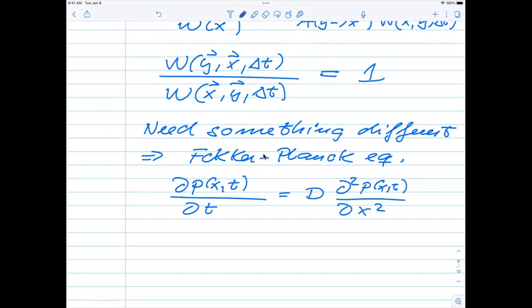But you can add a complication to the diffusion equation. This complication arises due to the particle, for instance, moving in an external field. That gives us a drift term. So the Fokker-Planck equation has the standard diffusion term plus a drift term.